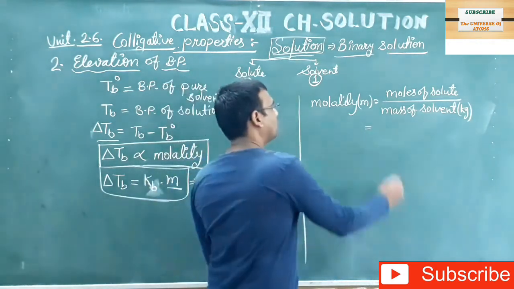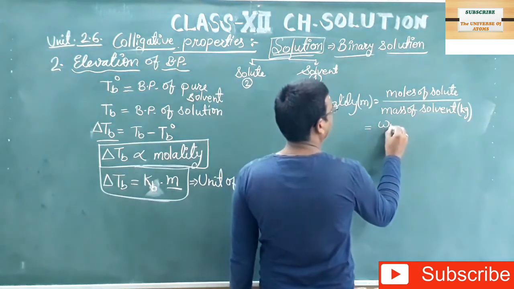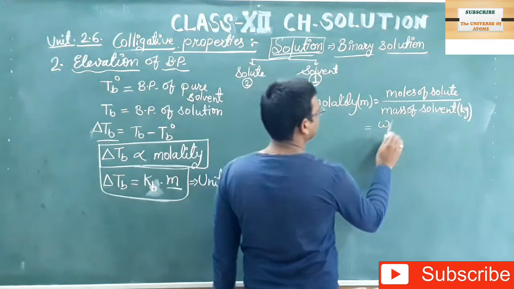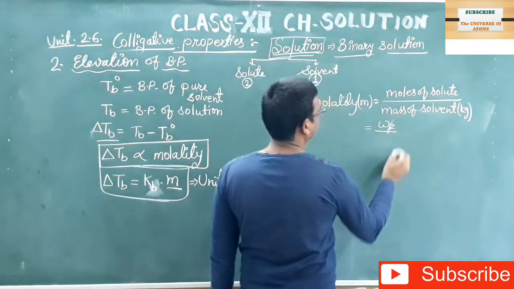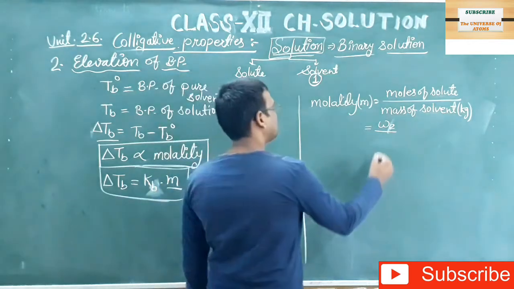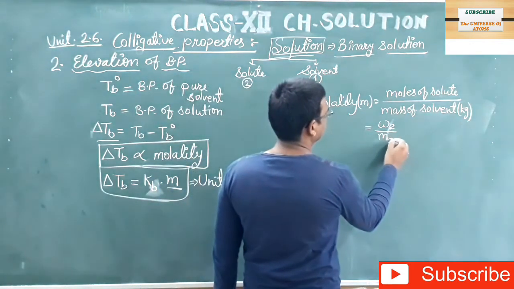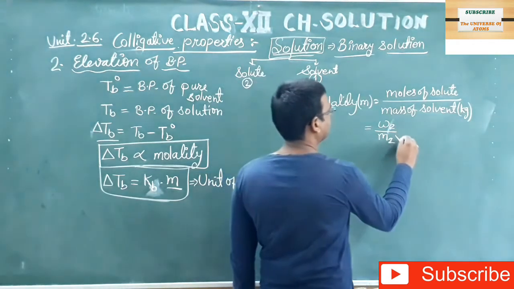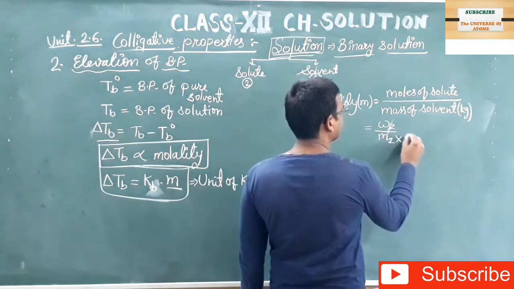Moles of solute, now solute we are using 2, so here it is W2 upon molar mass of solute, that is M2. Then mass of solvent, that is W1.